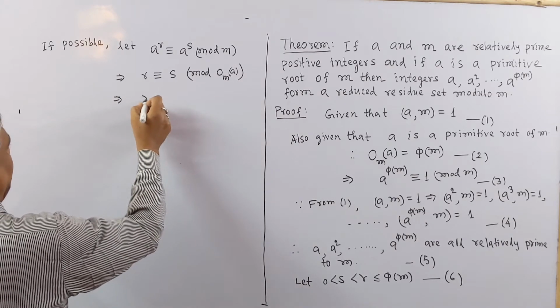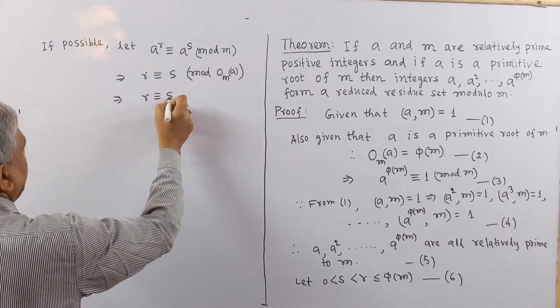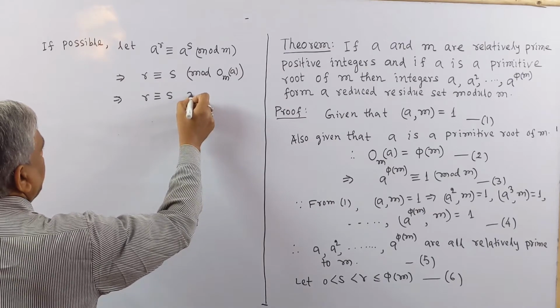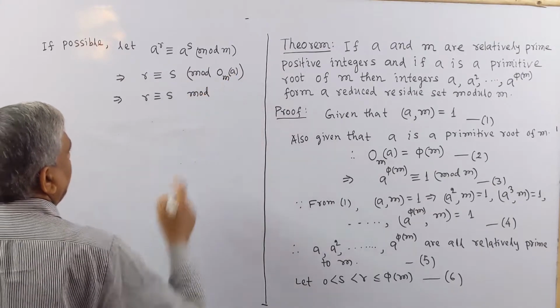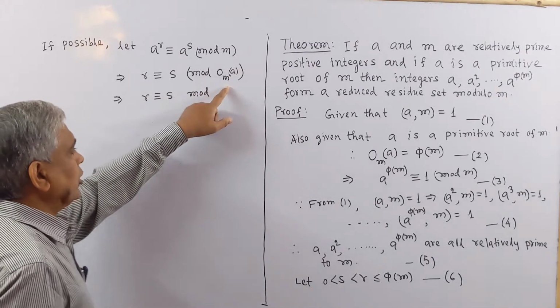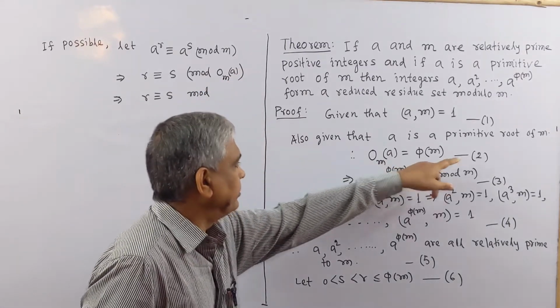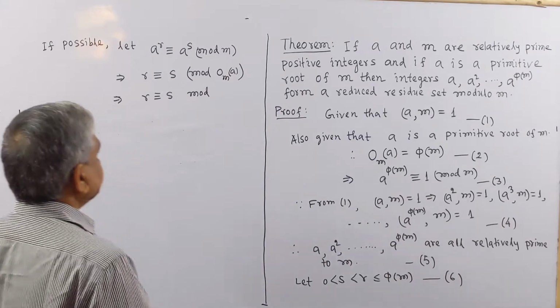Implies that r is congruent to s modulo order of a modulo m is phi m from 2.